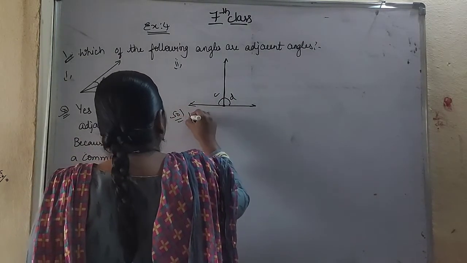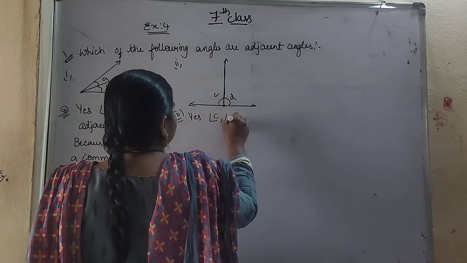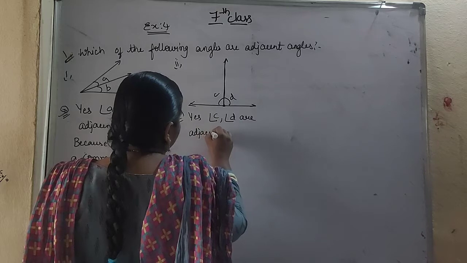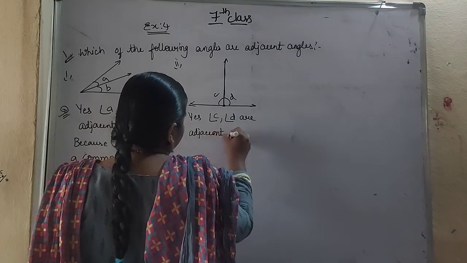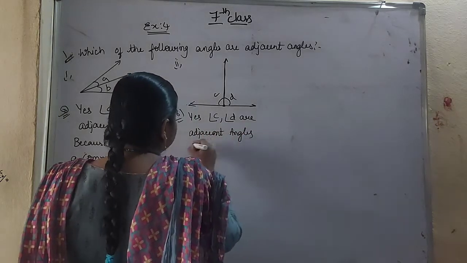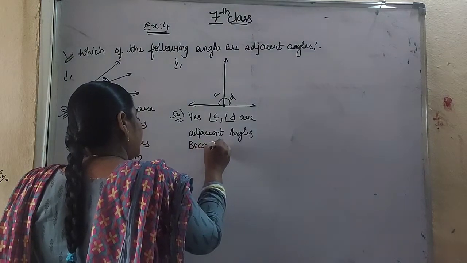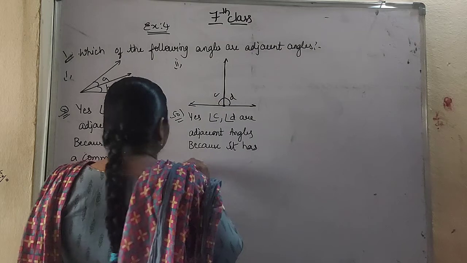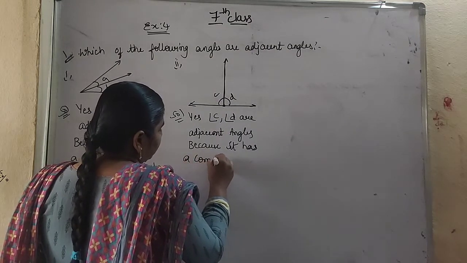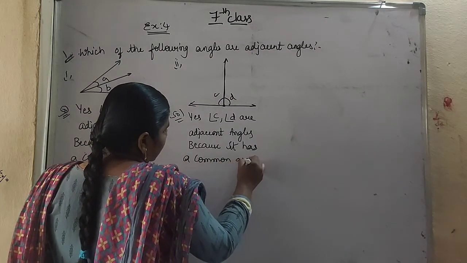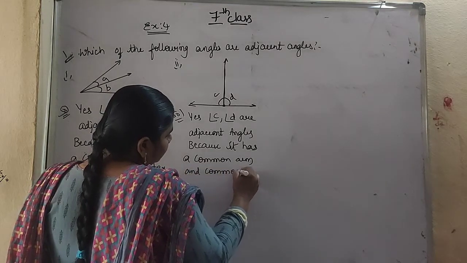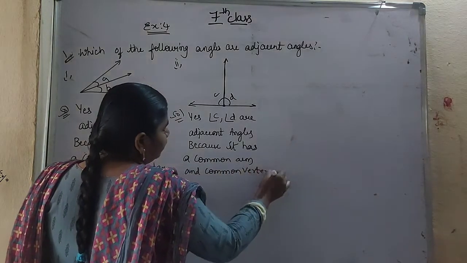So solution: yes, angle C and angle D are adjacent angles because they have a common arm and common vertex.